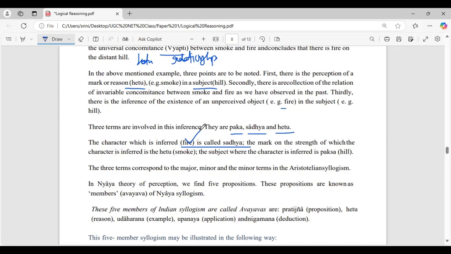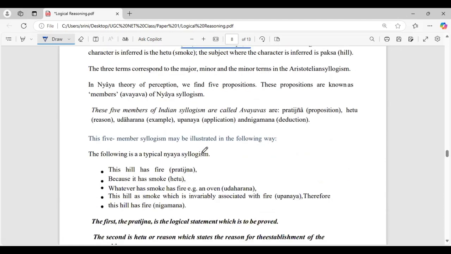These propositions are known as members, avayavas, of the Nyaya syllogism. These 5 members of the Indian syllogism called avayavas are Pratijna, proposition; Hetu, reason; Udaharana, example; Upanaya, application; and Nigamana, deduction.